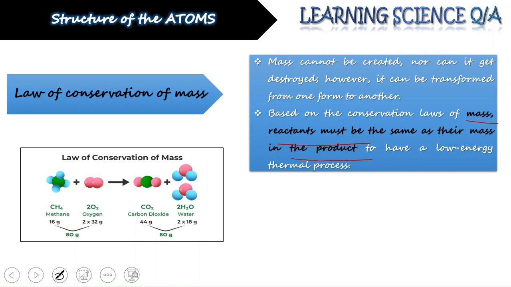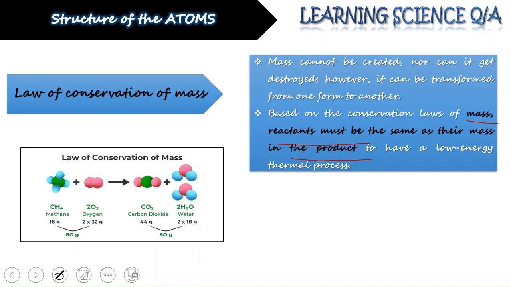That means if we are given one equation, say methane reacting with oxygen to produce carbon dioxide and water: 16 gram of methane reacting with 64 gram of oxygen to produce 44 gram of carbon dioxide and 36 gram of water.